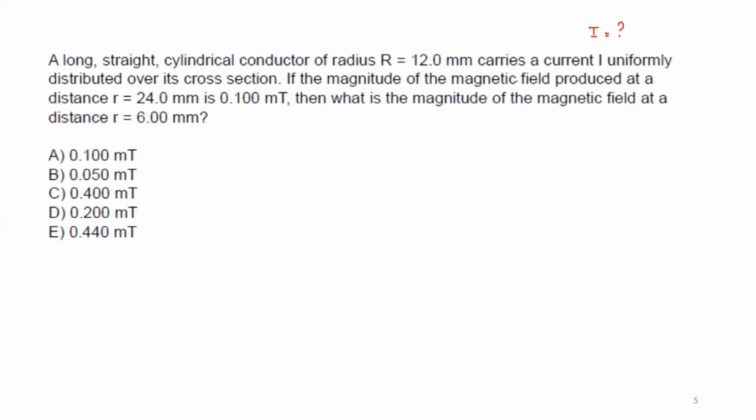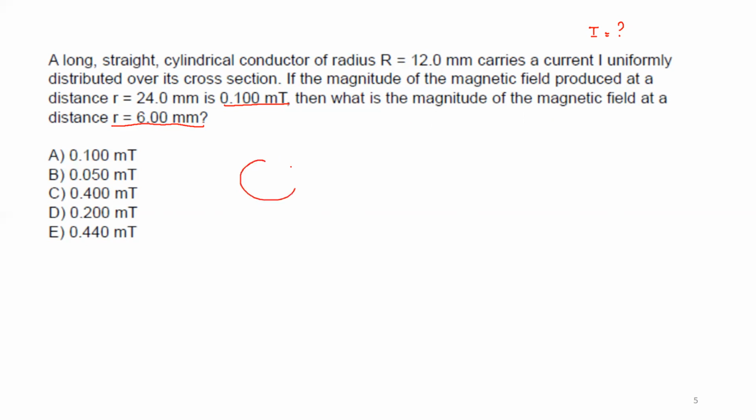If the magnitude of the magnetic field produced at a distance R outside, at a distance R of 24 millimeters, is 0.1 millitesla, then what is the magnitude of the magnetic field at a distance R of 6 millimeters?